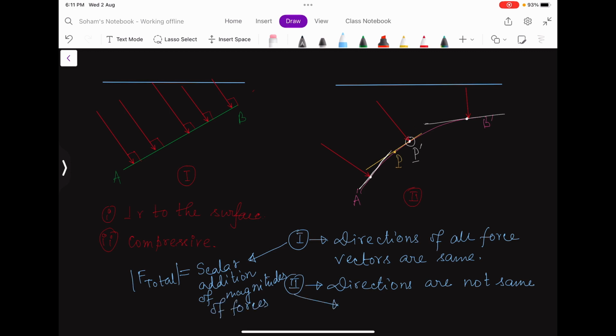But for case 2, the magnitude of F total is not equal to the scalar addition of the forces, right?